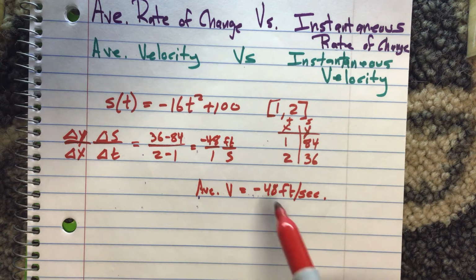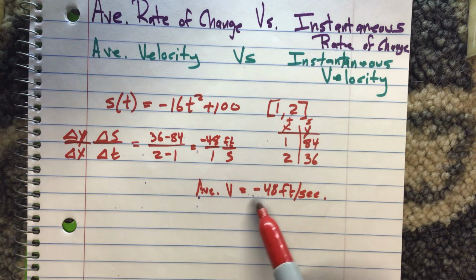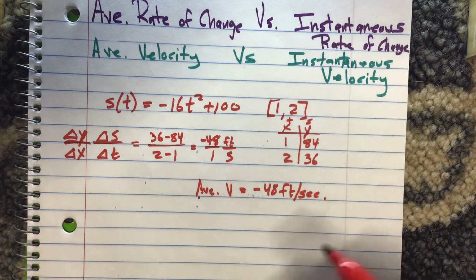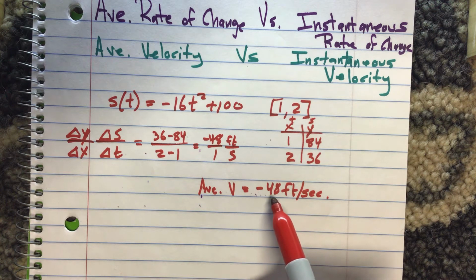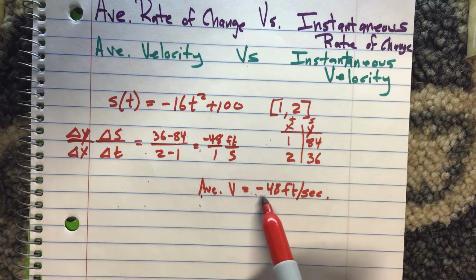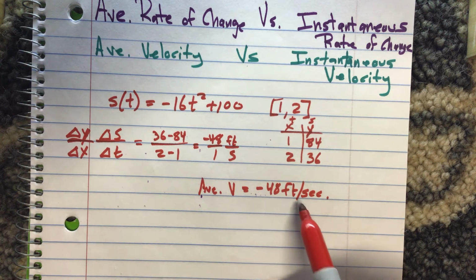And notice that it's negative, and the reason it's negative is because this object is falling. Velocity is worth mentioning if you haven't taken the science class where you study velocity and acceleration, velocity gives direction. So negative 48 feet per second.